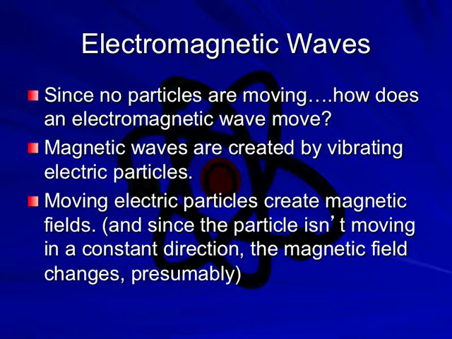What's an example of a vibrating electric charge? Remember we talked about heat? We said as you heat an object up, it tends to expand and tend to move faster, right? In a solid, how does it move? It vibrates, right?